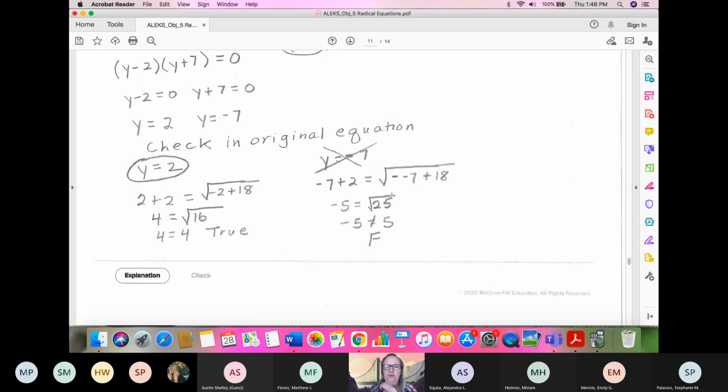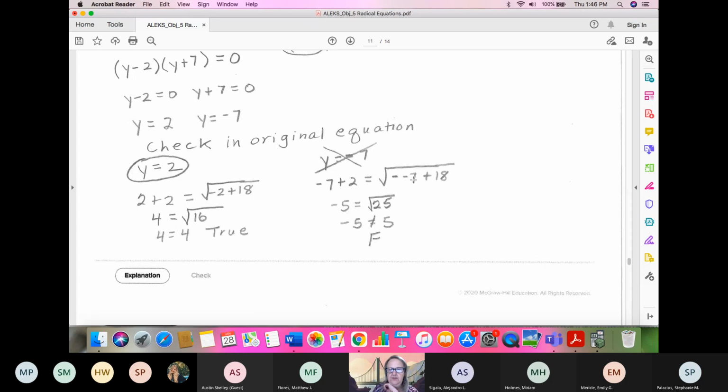If we do the same thing on this side, we put in negative 7 here, plus 2. We get equals square root of negative, but we have a negative 7, plus 18. We get negative 7 plus 2, which is negative 5.